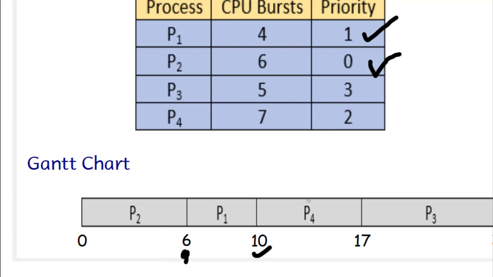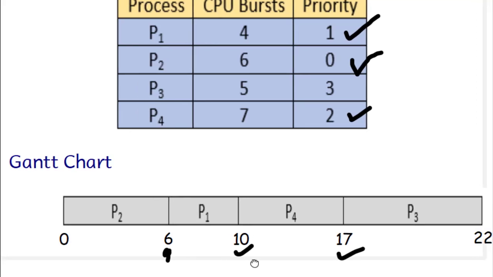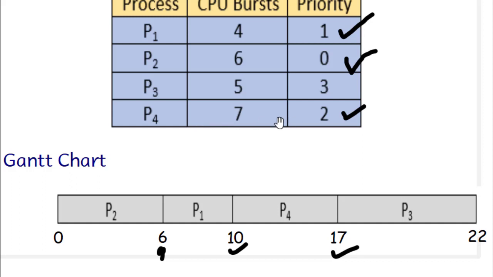Then we have two processes, P3 and P4, and P4 has the smaller priority number, so P4 is executed, and 10 plus 7 is 17. Finally we have P3, which has the lowest priority amongst all the processes, so 17 plus 5 is 22.